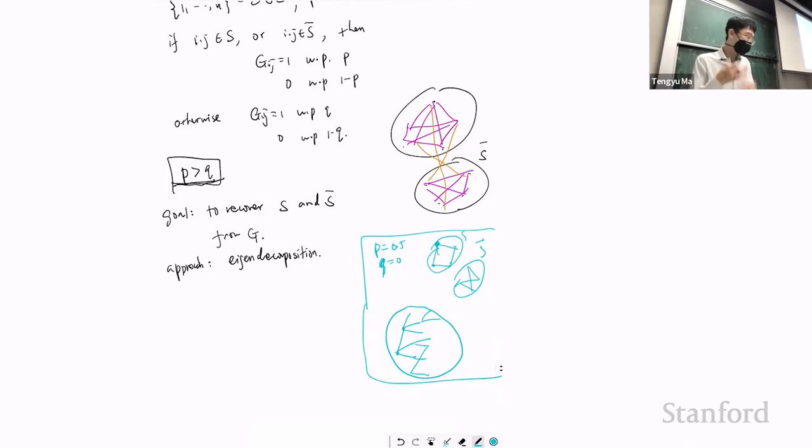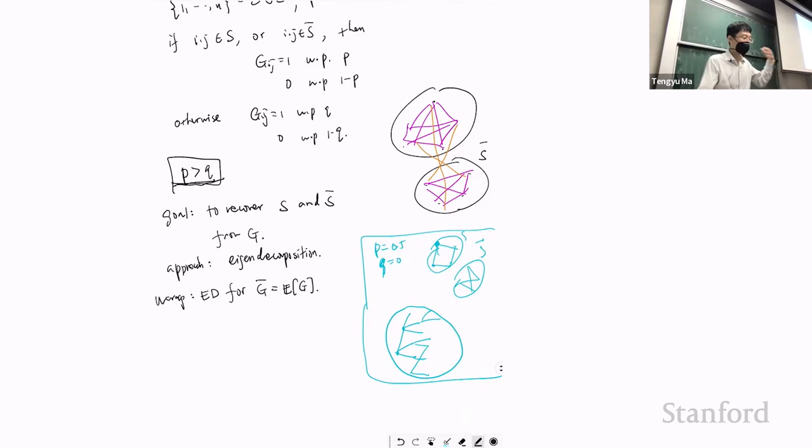We basically just do eigen decomposition, and as a warm up, we're going to do eigen decomposition for G bar, which is the expectation of G.